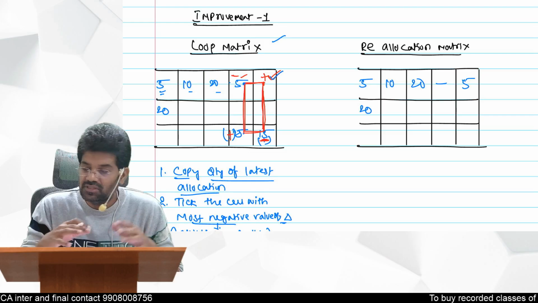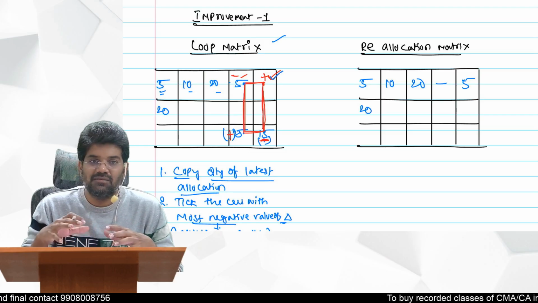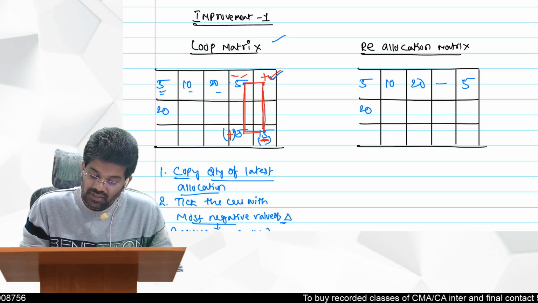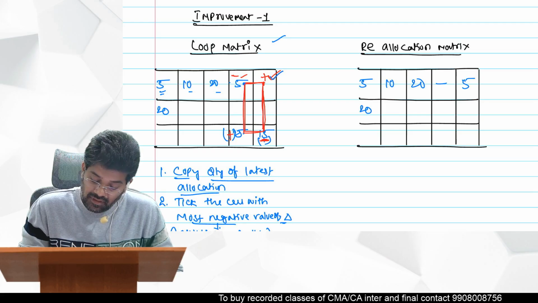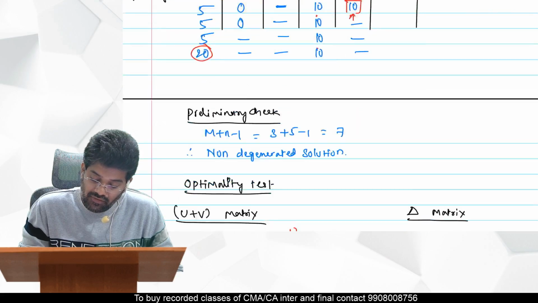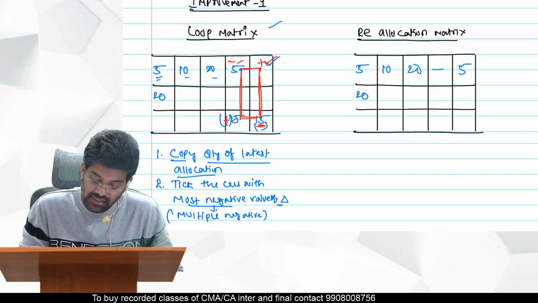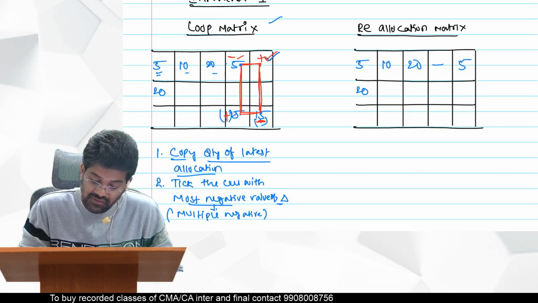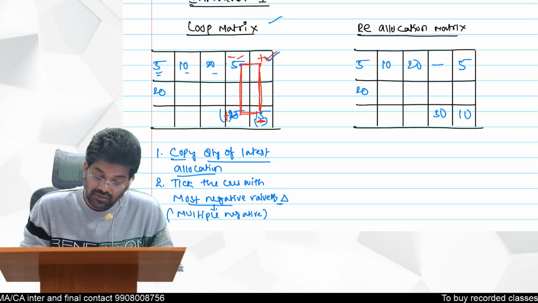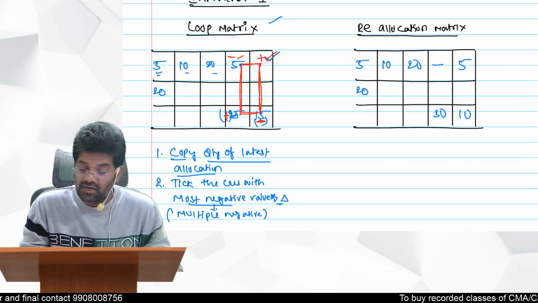So we are doing the adjustment in such a manner that it will not affect your allocations. Here already you had 25, that is 25 plus 5, 30, and 15 minus 5, 10. So this is your reallocated matrix.